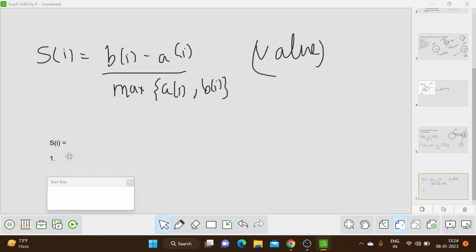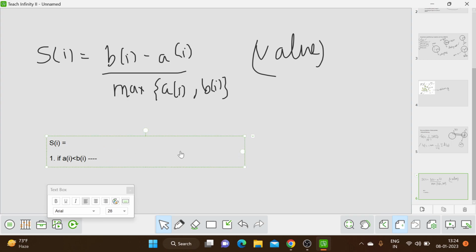We calculate the silhouette score S of I. Now, to say whether this model is good or bad, we need to analyze A of I and B of I. If A of I is less than B of I, that means it's a good clustering model.